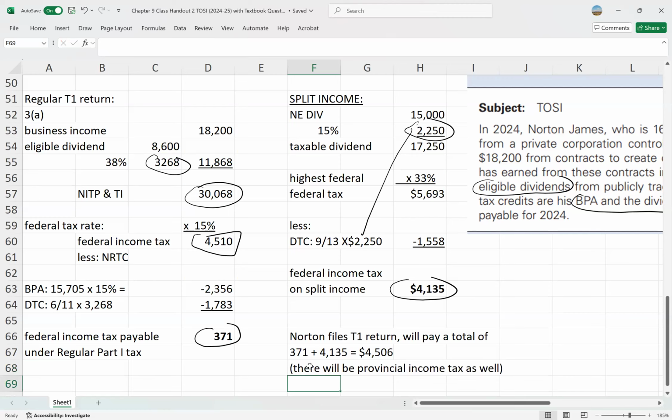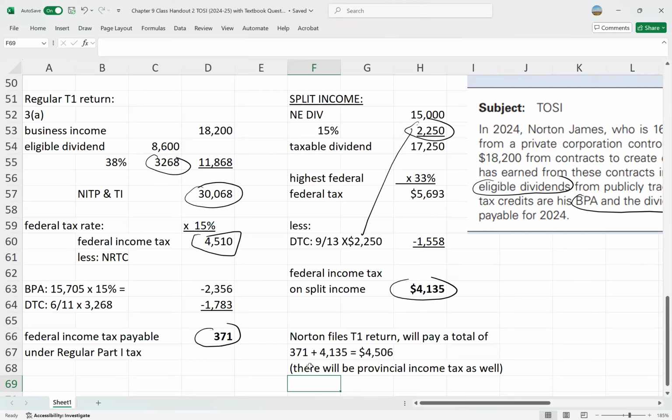So that's, once again, just a brief overview of the tax on split income rules. They are very complex, like I said, but because it spanned 10 pages in chapter 9, I wanted to go through it with you. Once again, the rules are very, very detailed. So just understand basically what we did in class today. Don't worry about having to memorize all the rules or read through the rules in a lot of detail.